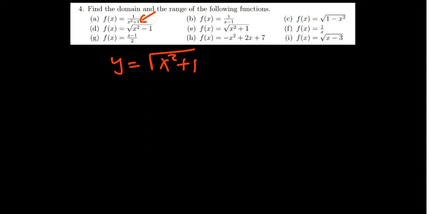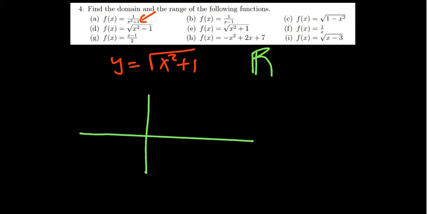So there's no restriction to our domain. So our domain is the set of all real numbers. All real numbers can work. Now, what are the possible values of y expected to come out of that? With that understanding, we understand that this function will never give us a negative result.